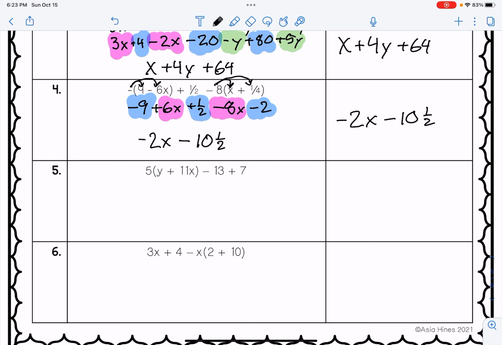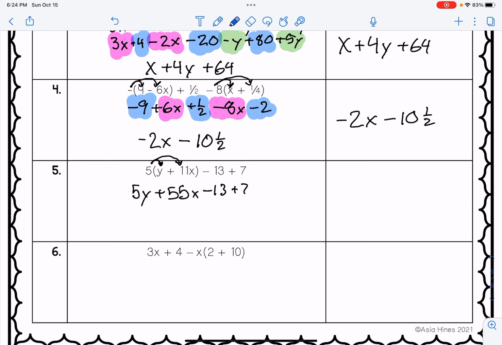All right, number 5 here, got to distribute. 5 times y is a 5y. And 5 times 11x, remember I'm just manipulating the coefficient here. So 5 times 11 is 55x's. Minus 13 plus 7. They're not in the parentheses, so I leave them alone.